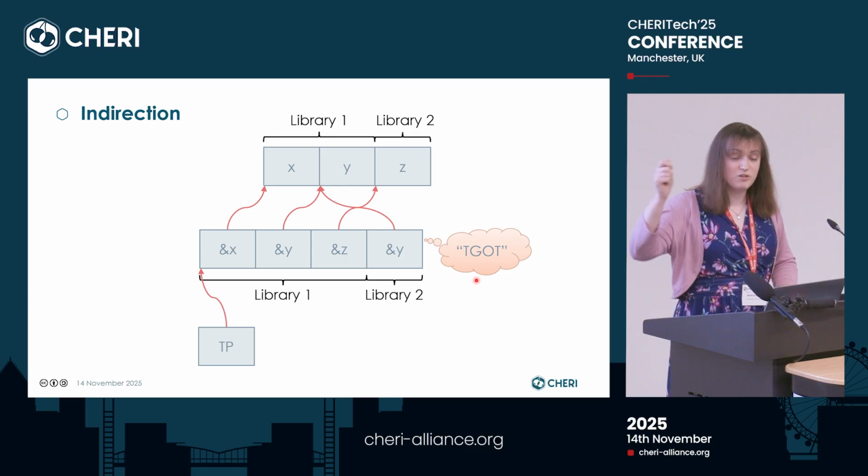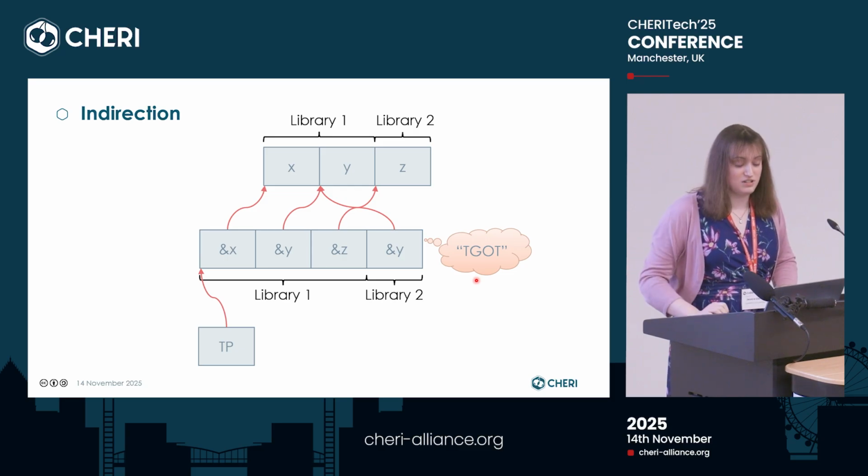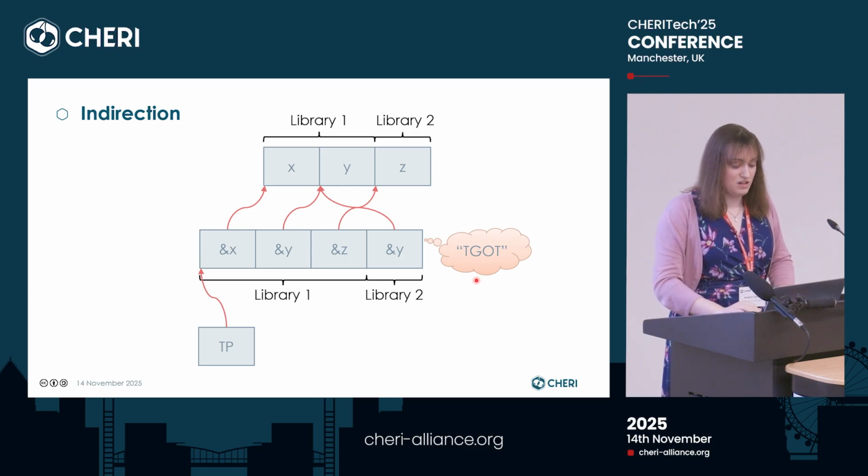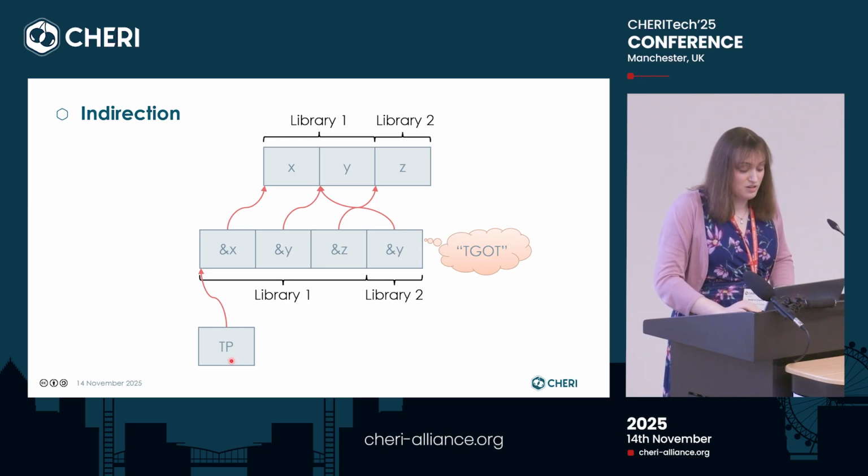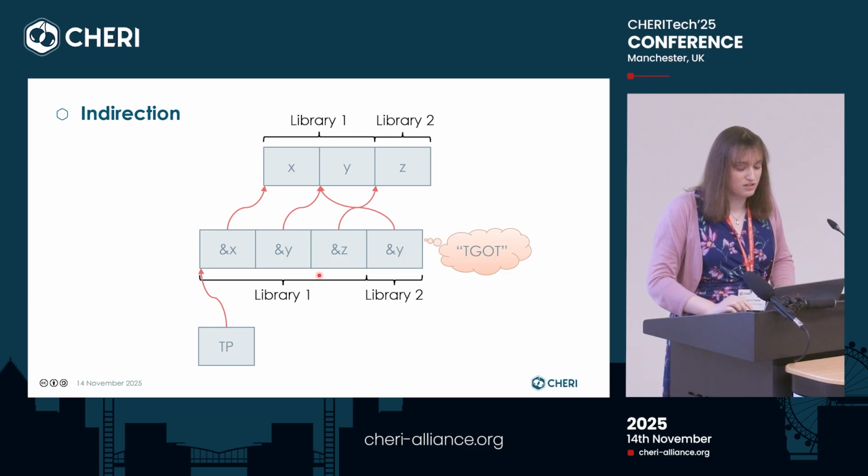And so TP, instead of pointing directly at the data, now points at our table of pointers. So if we want to, say, get to variable y, we can come along here, load this capability, and this capability in the table is only going to have bounds of y. So we no longer need to have any dynamic derivation of bounds in our code.